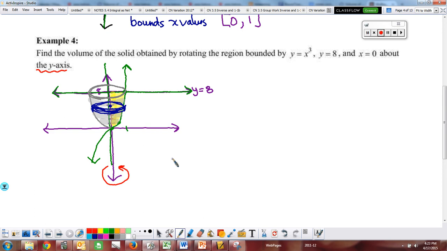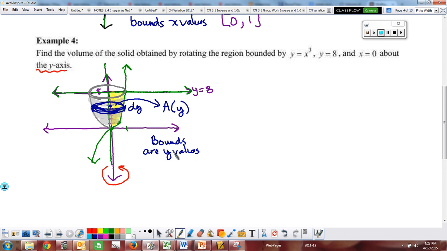As soon as I see that, because I went perpendicular, so I'm slicing horizontally, I know that that is going to have a dy, that I'm going to need my area of that face of the disc as a function of y, and I need to know that my bounds are y values. Okay? Pay attention to which way you rotate, and the way that you rotate tells you what variable you're going to have in your volume formula.